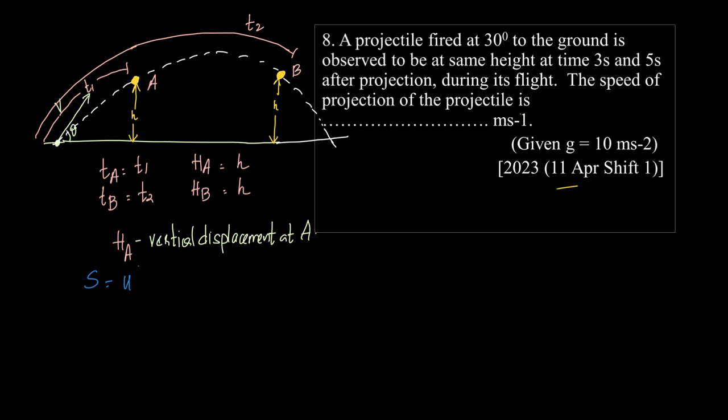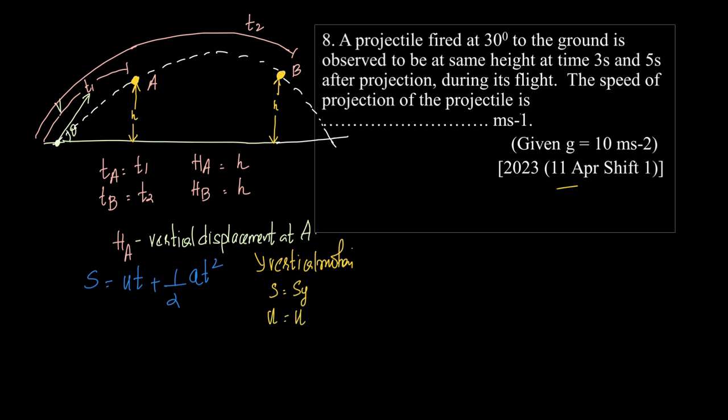We have S is equal to ut plus half at square. Now for the vertical motion, S is equal to Sy, the displacement in the vertical direction.